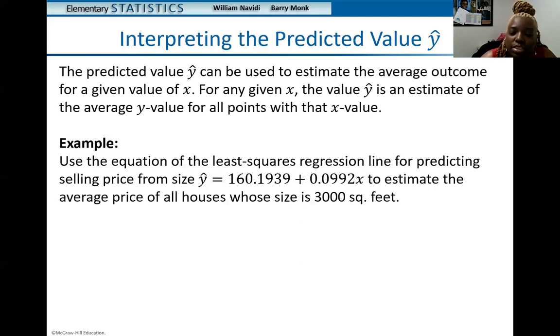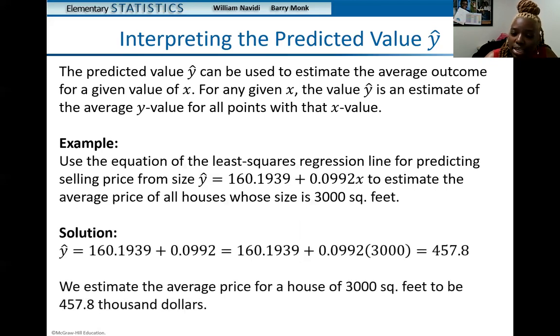So use the equation of the least square regression line for predicting selling price from size to estimate the average price of all houses whose size is 3,000 square feet. So we still put 3,000 into this equation. If your house is 3,000 square feet, no matter where you are, if we're using this least square regression line, what will be the average price of your house?